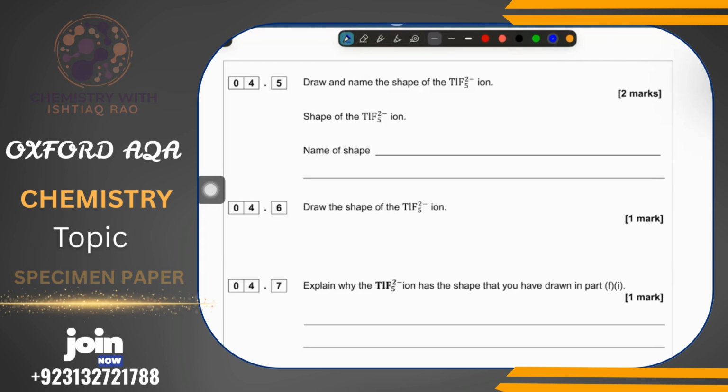Is it Ti or Tl? Is it thallium? Yeah, I think so. It should be thallium, Tl and F, fluorine 5 with the 2 minus charge.